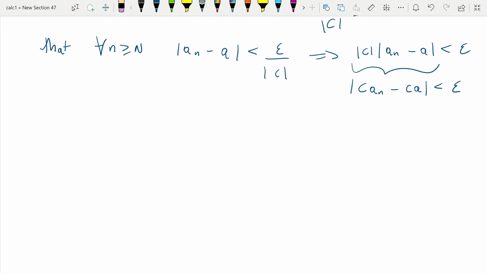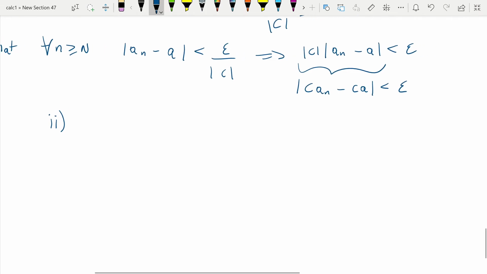For the second part, again we start with what we have. It's very important that whenever we want to show something, we keep track of all the hypotheses, of all the things that we know.